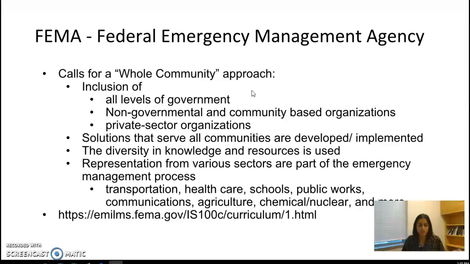So they want their solutions to be informed by the community and utilizing diverse knowledge of both the community and private sector businesses, local companies and stores and organizations in the area of the emergency. So they're going for a whole community approach.